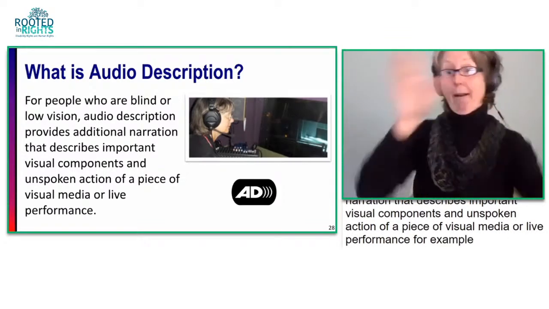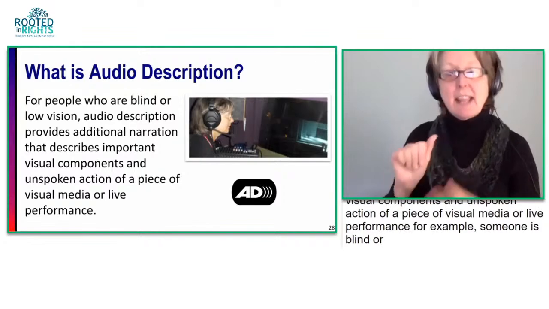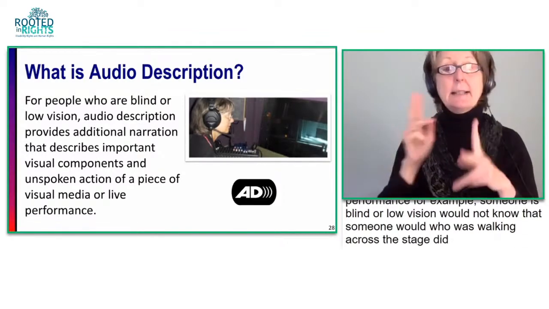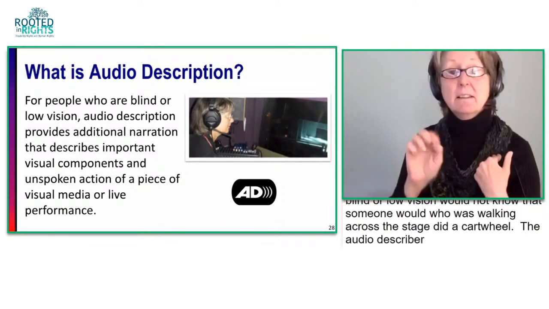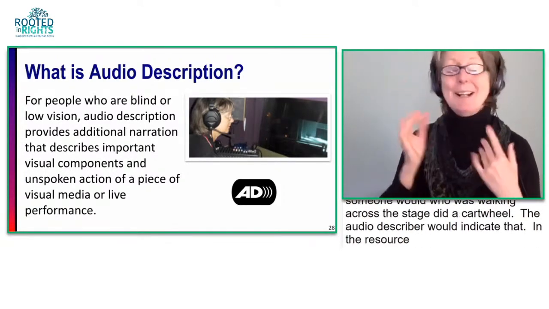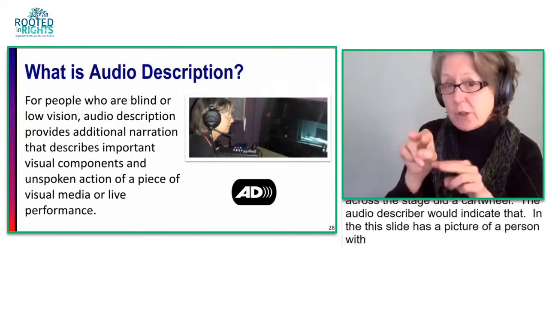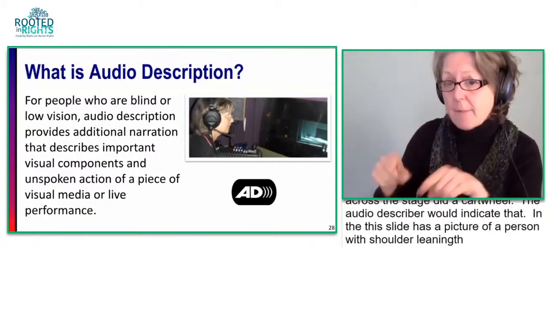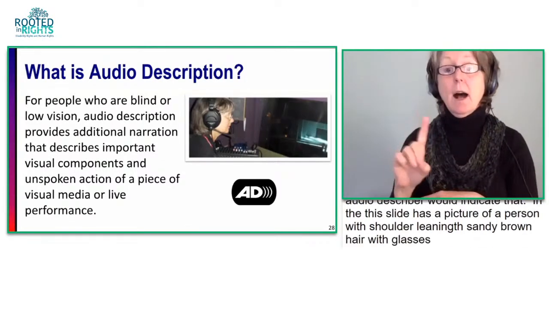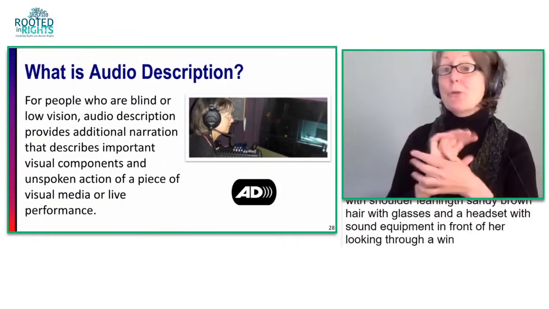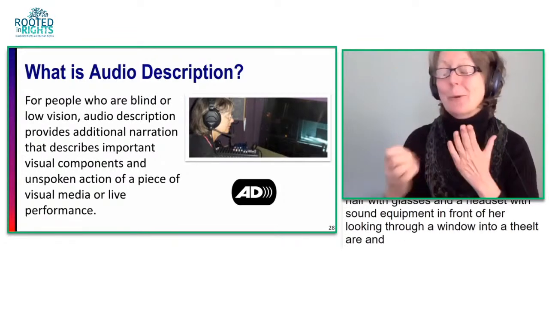The audio describer will indicate that. This slide has a picture of a person with shoulder-length sandy brown hair, with glasses and a headset with sound equipment in front of her, looking through a window into a theater and describing what they see. The logo AD for audio description is below. Check out the equipment next time you go to a movie. It's pretty amazing, the detail that's provided. Next, please.